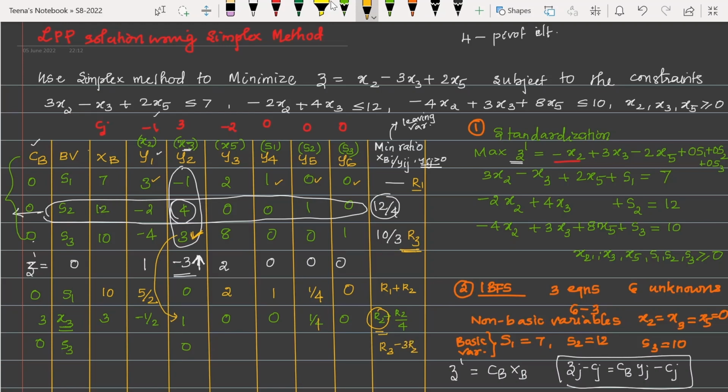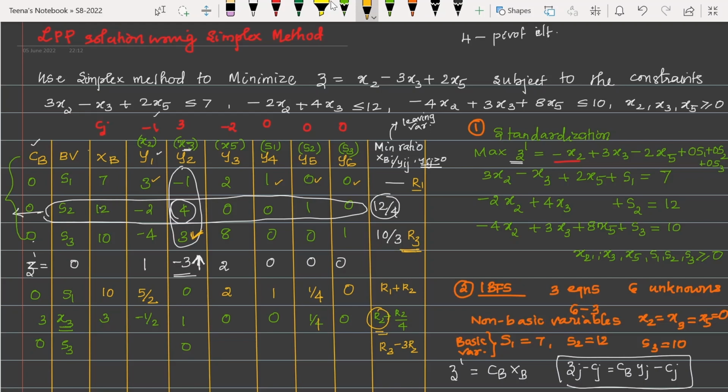All the transformations are done with respect to the second row. The second row is our most important row. So R3 minus 3R2.